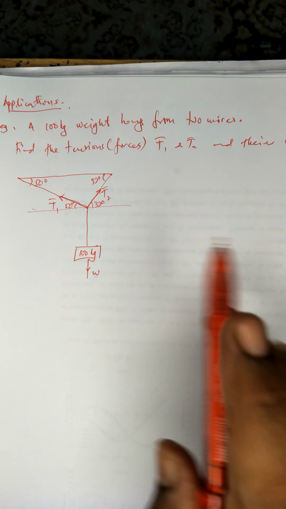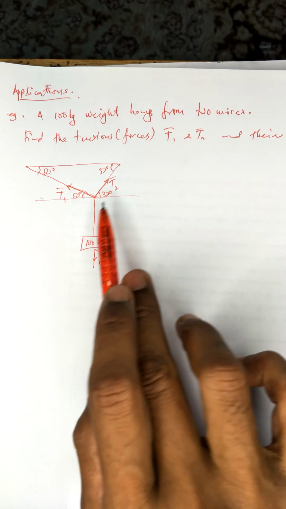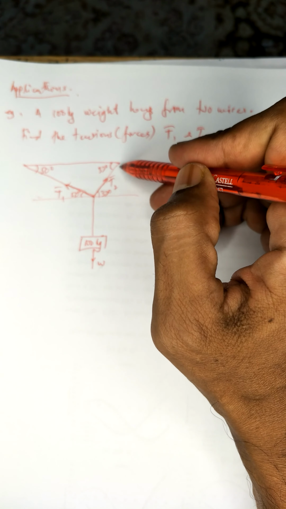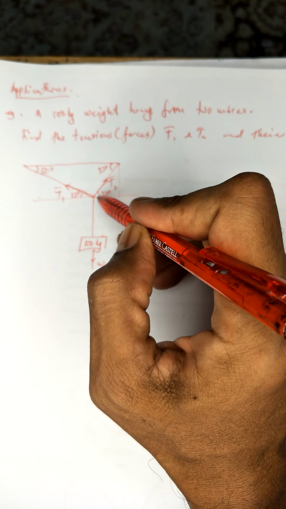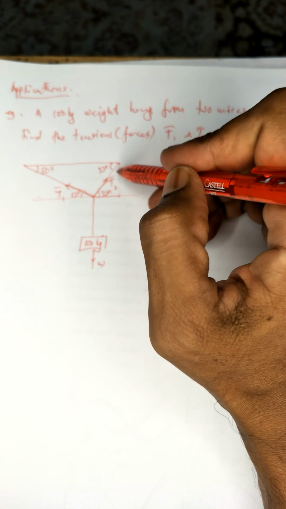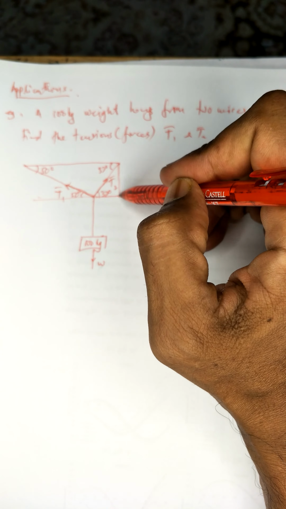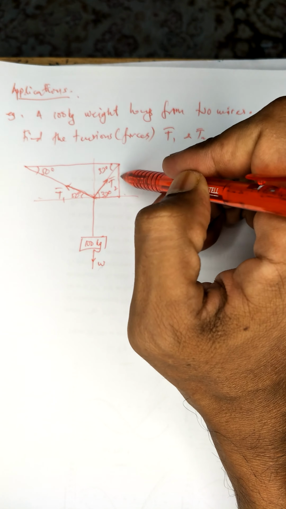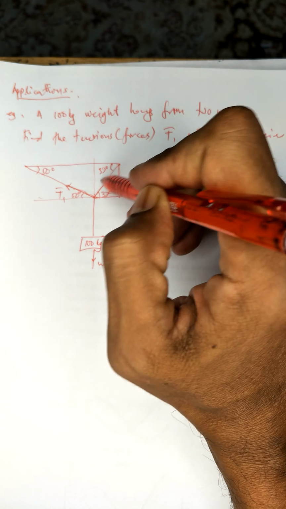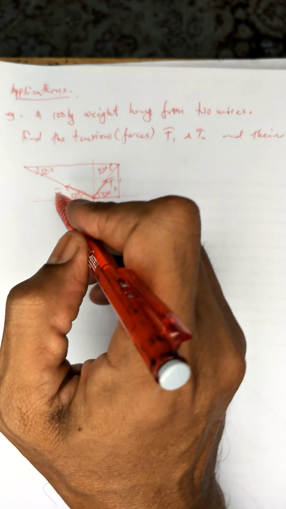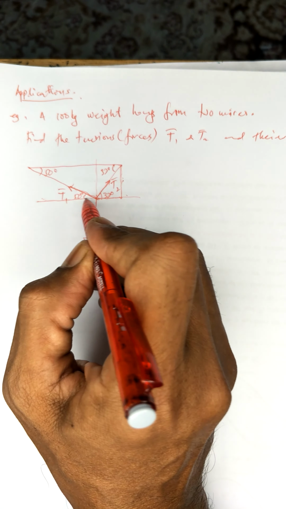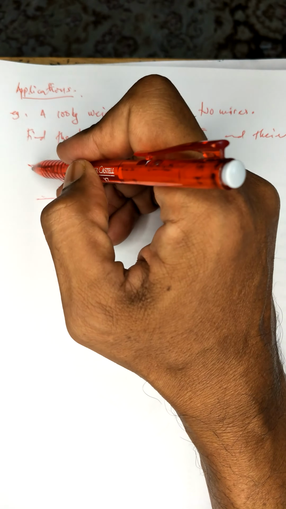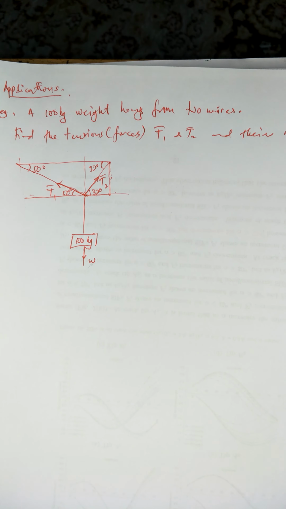You can always consider that this is on the x-axis, and this is the y-axis. So you can always find the x and y components of the vector, as well as for T1.